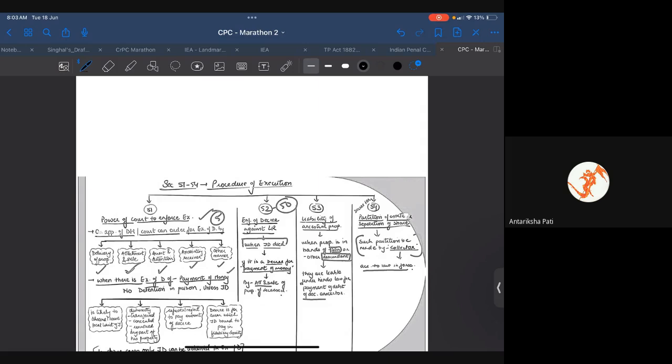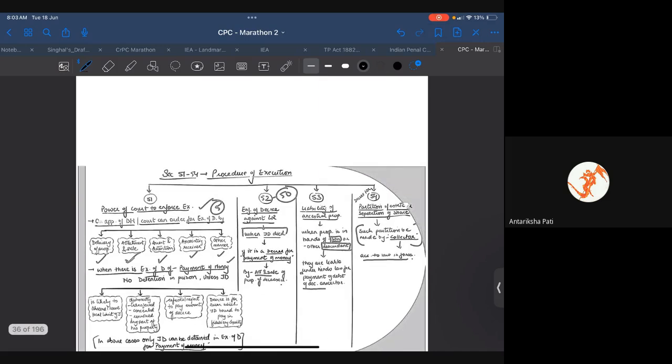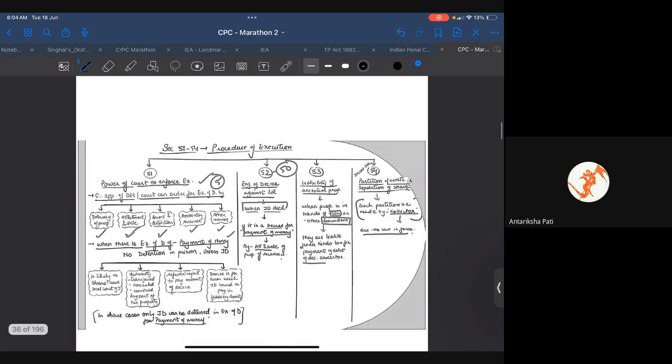And where there is execution of a decree for payment of money, then no detention in prison unless the judgment debtor is likely to abscond or leave the local limits of jurisdiction, dishonestly transfers, conceals or removes any part of his property, refuses or neglects to pay the amount of the decree, or the decree is for some sum which the judgment debtor is bound to pay in a fiduciary capacity.